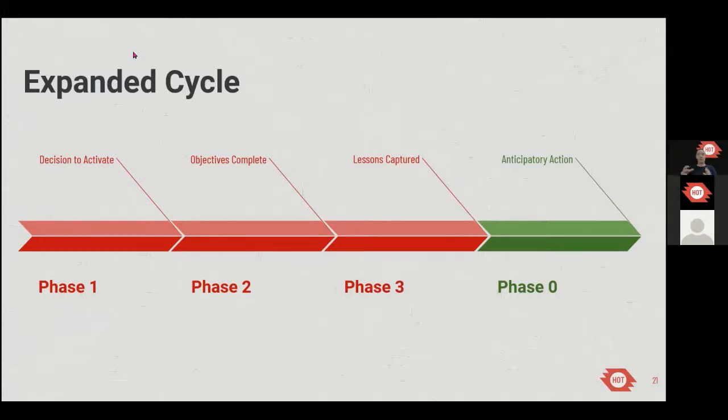Phase 3 is the conclusion of an activation, and the success at the end of this is that we've captured any lessons learned from this activation, so that we can take it into our day-to-day, our phase 0. A successful, continual phase 0 is that we're able to do the new buzzword of anticipatory actions, right?